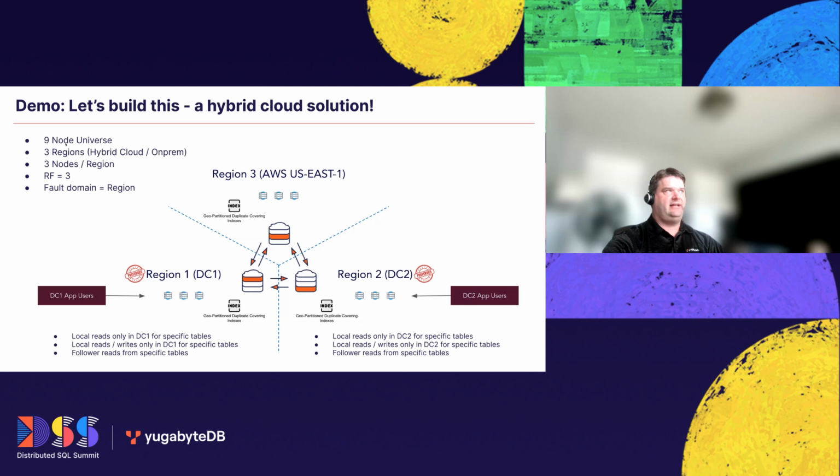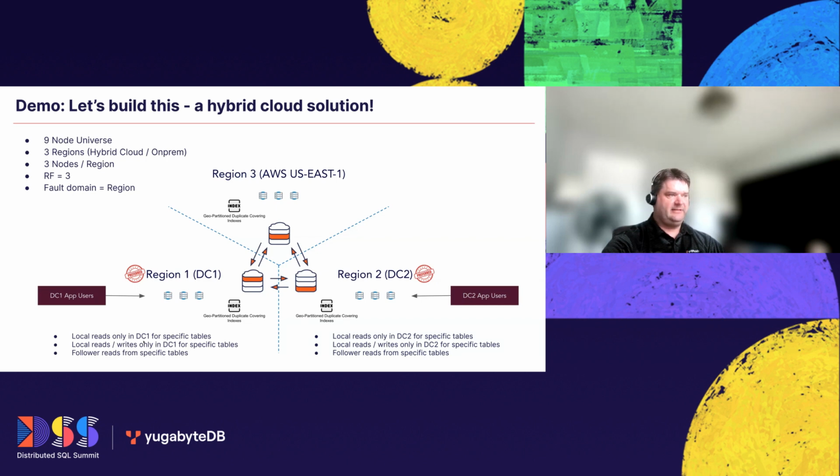We're going to have a total of 9 nodes, 3 regions, 3 nodes per region, an RF3, and again, a fault domain of the region. But we're going to do crazy things like geo-partitioning, duplicate covering indexes, follower reads. These are all really cool enterprise level features that we're going to be able to use with YugabyteDB.